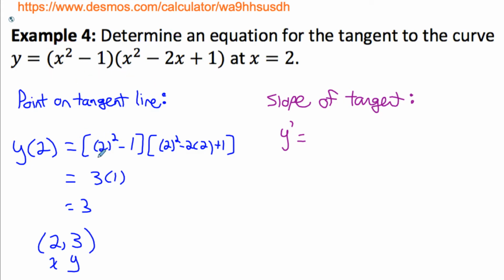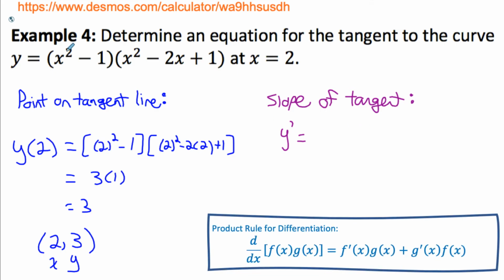So I can use product rule. So I'll do the derivative of the first function, 2x, times the second function, x squared minus 2x plus 1, plus the derivative of the second function, which would be 2x minus 2, make sure it goes in brackets, times the first function, x squared minus 1.